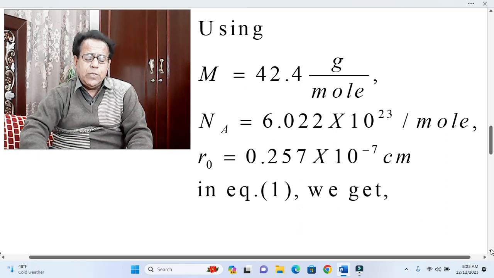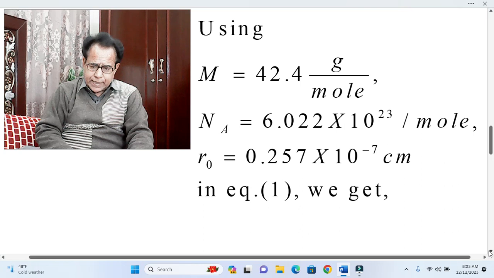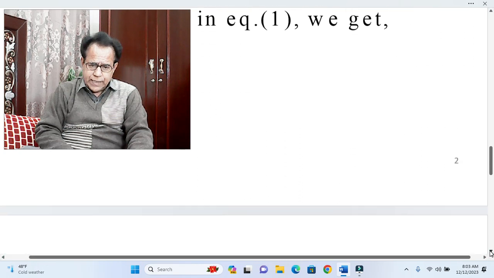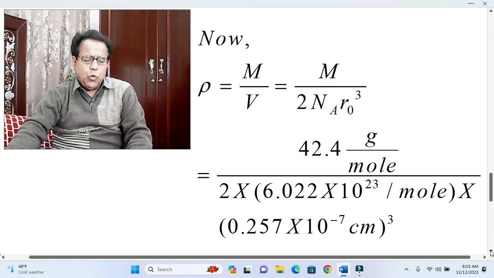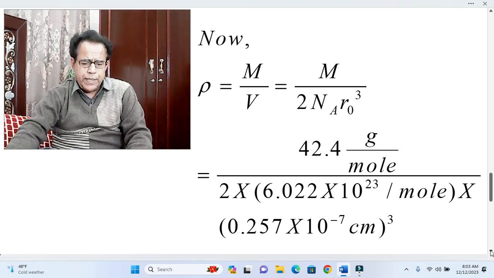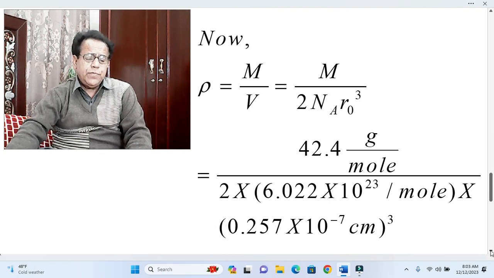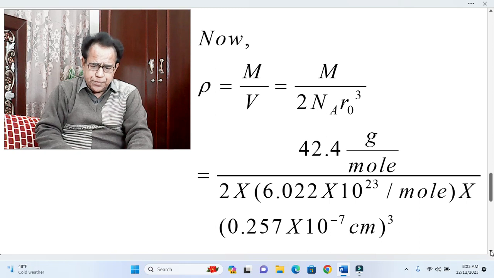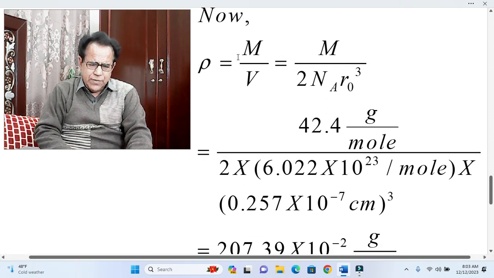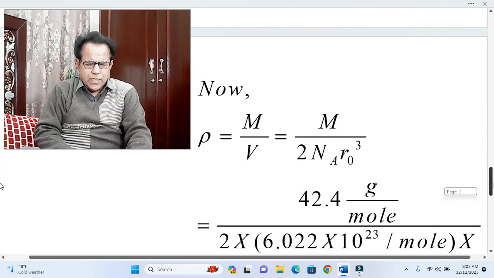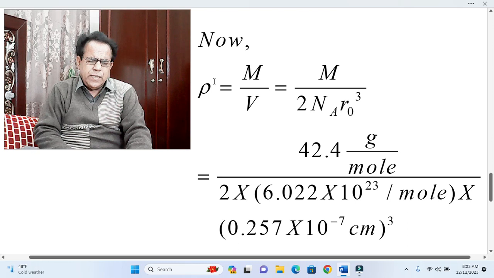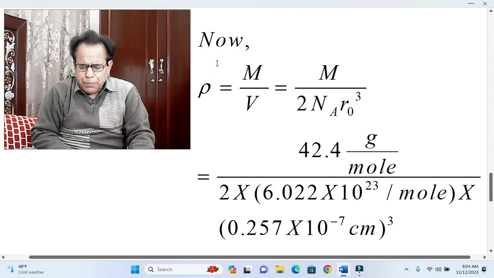Using these three values in equation number 1, rho equal to m over v equal to capital M over 2 N_A R naught cube. Here the word "now" is not used appropriately.